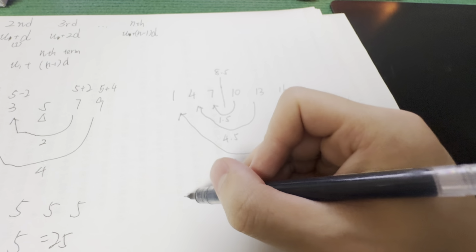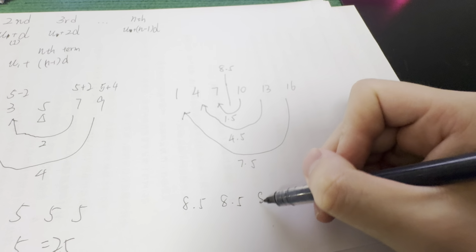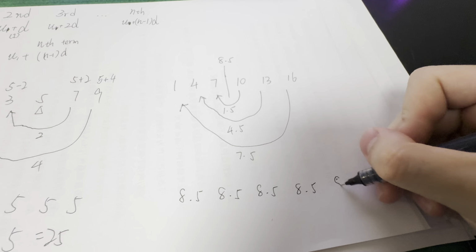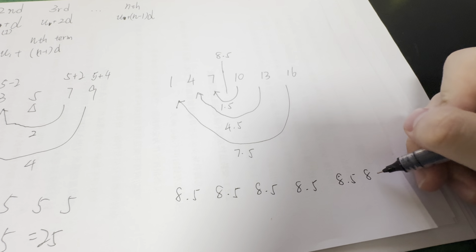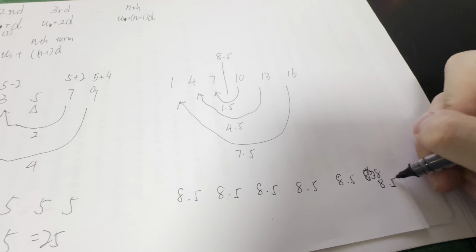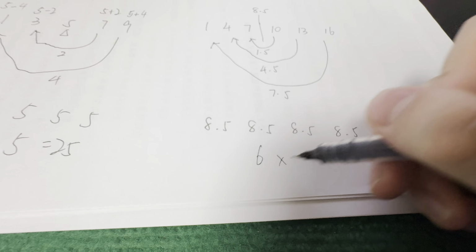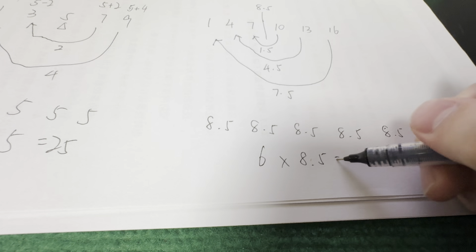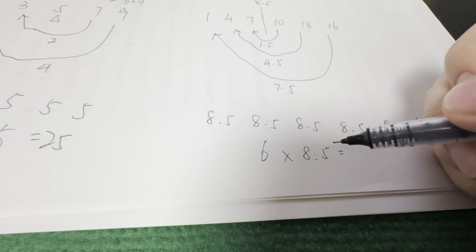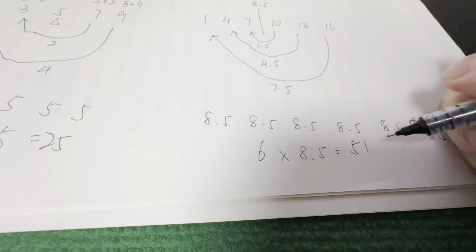So at the end, we find that all the numbers will become 8.5, and because at the beginning we have 6 terms, after we change everything, we still have 6 terms. So the result will be 6 times 8.5, which is equal to 51.